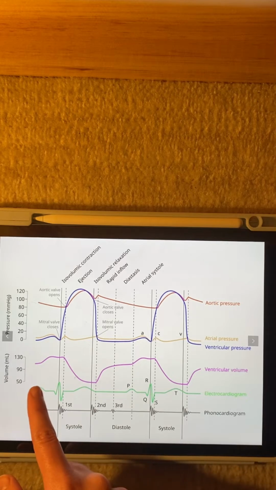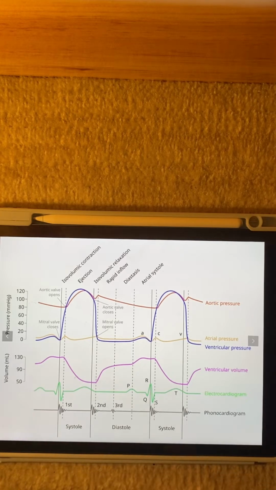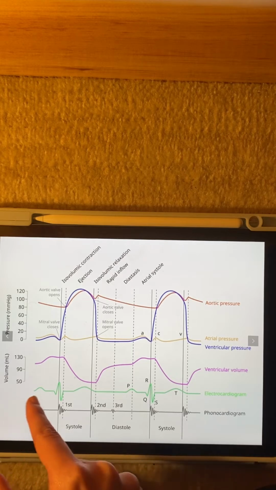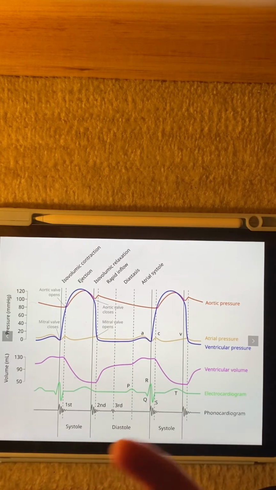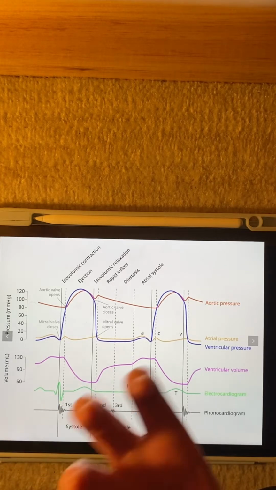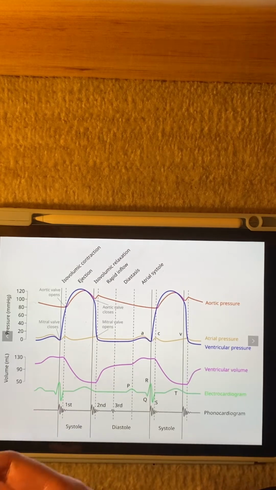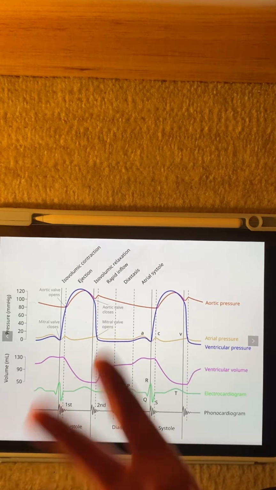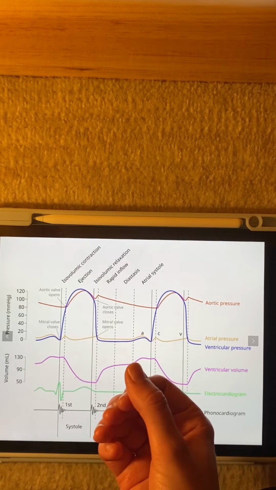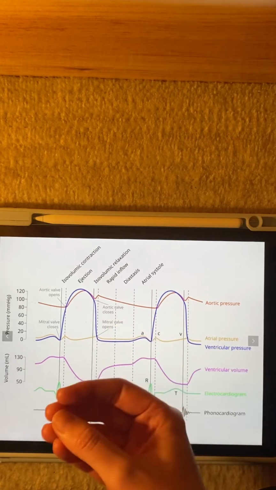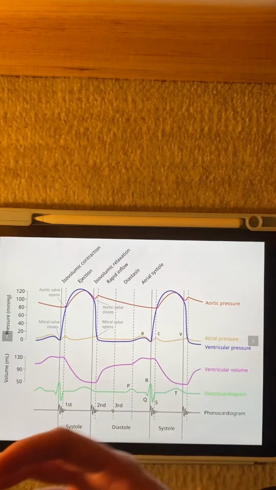So shortly after atrial depolarization, we know that the goal of atrial depolarization is to try and get contraction. We talked about in a previous video, the reason for this is because when we depolarize cardiac myocytes, part of that depolarization is we get a little bit of an influx of calcium into the cell.